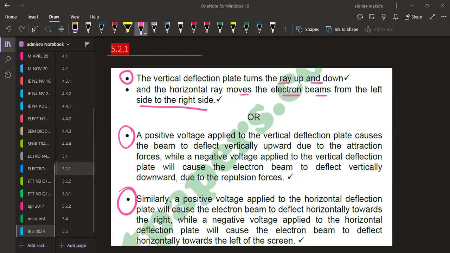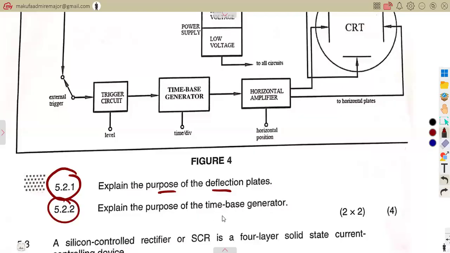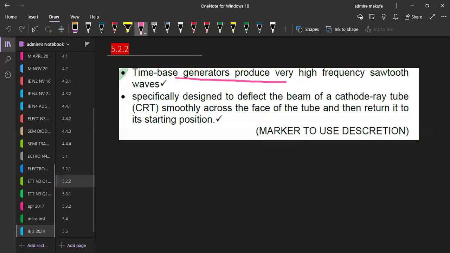All right, then the other part, it is the purpose of the time-based generator. What are you going to need the time-based generator for in this oscilloscope that you are given? So that is also important to know. The time-based generators produce very high frequency sawtooth waves specifically designed to deflect the beam of the cathode ray tube smoothly across the face of the tube and then return it to the starting position.